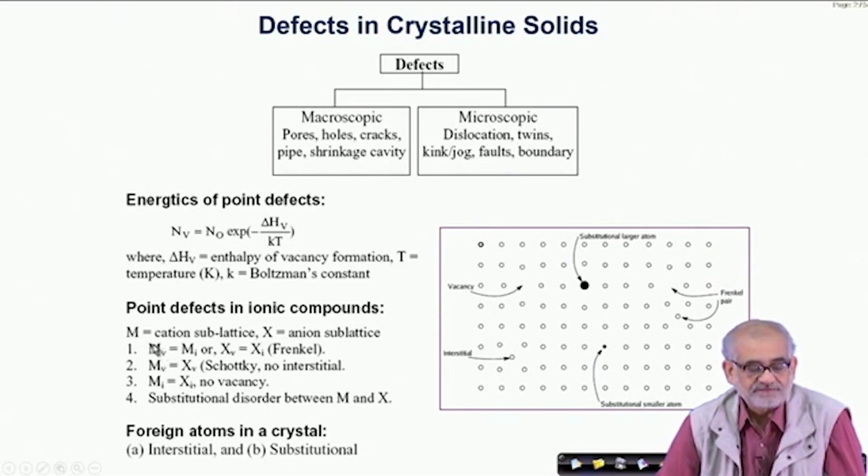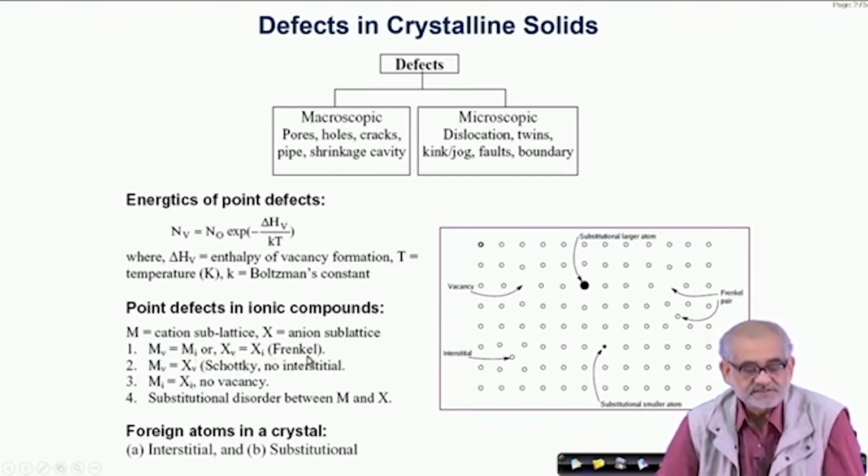If a particular cation moves to an interstitial position and it balances with a vacancy in another position, then the charge neutrality is maintained, and yet you can have a defect created in the crystal.